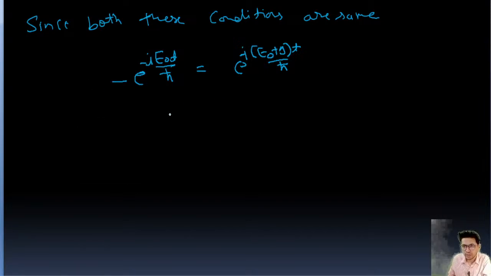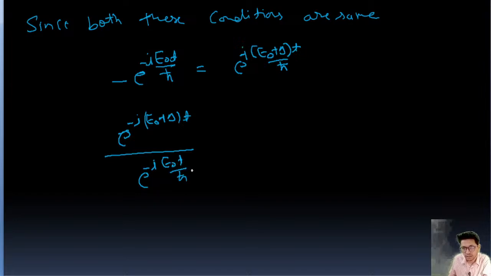This is going to be e to the power minus iota E naught plus delta T upon e to the power minus iota E naught T upon H cut, and that is going to be minus 1. Or we can write, if we take this upside, the phases are the same, and in that case this is minus, guys.